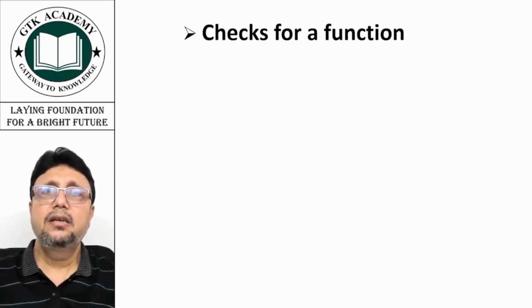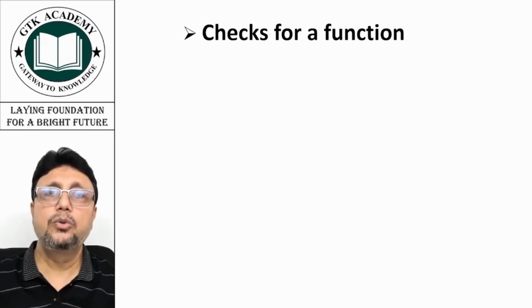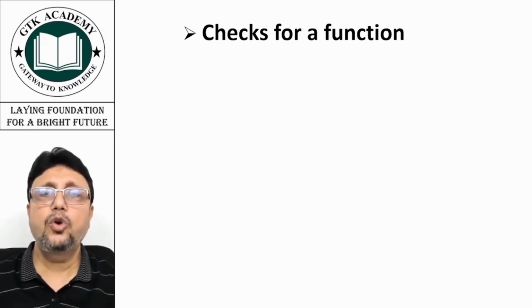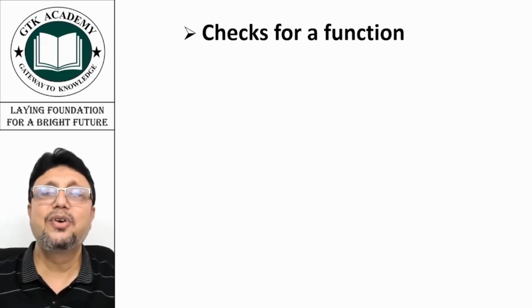Now there are certain checks for a function. Before we start the topic of limits, let me tell you there are checks for a function. What do we mean by check? Let me give a very interesting example from our day-to-day life. Suppose you are going to gift a shirt to your friend or anybody.